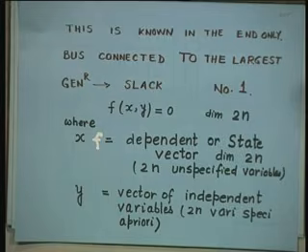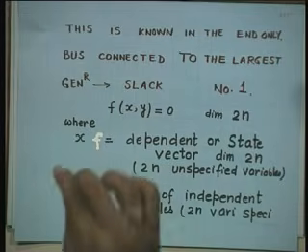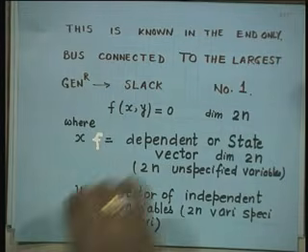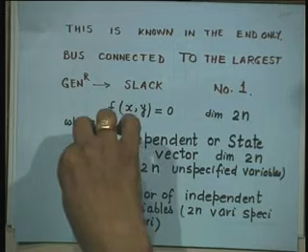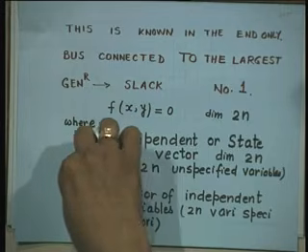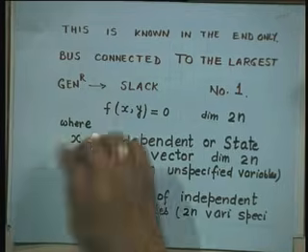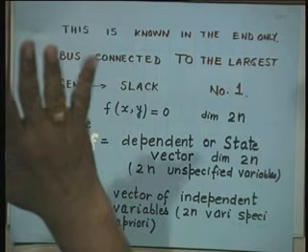This consists of those two equations, SLFE. 2n means each equation is n, where x is always, since you have started learning, your teacher must have told you anything unknown is x.